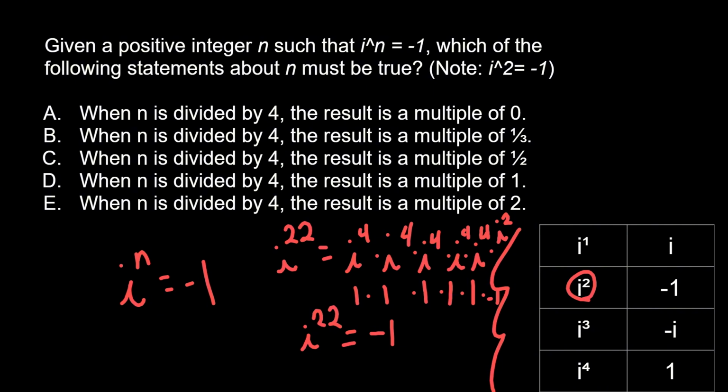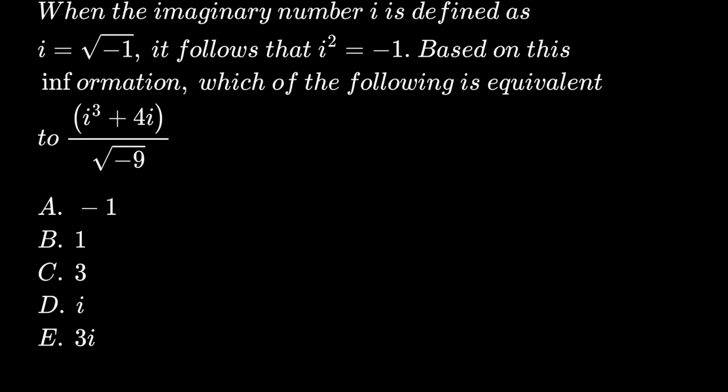And whatever our remainder is, whether it be 1, 2, 3, or 4, will determine what our actual value of i raised to a power is. And in this case, we're looking for when it's negative 1. Therefore, we have to have our remainder be 2. When it's divided by 4, the result is a multiple of 2. Let's look at this next problem.